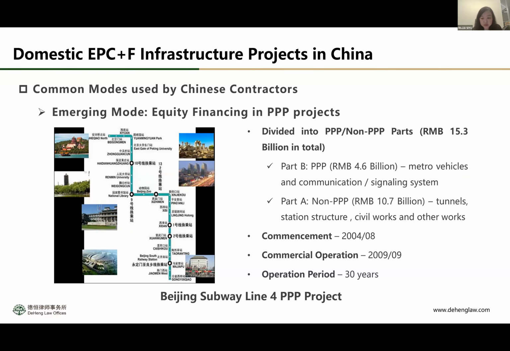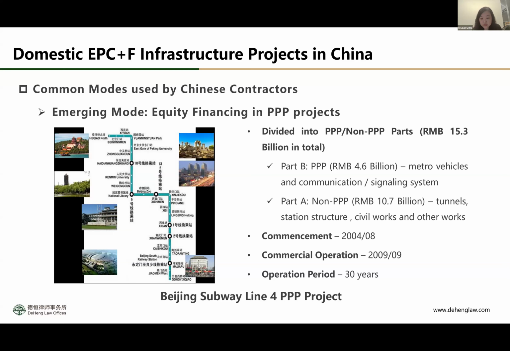I think the reason for doing that is that for metro projects, the civil work involves a lot of underground work, which is also high risk and very costly. So this part is taken care of by the government invested companies. And the metro vehicles and communication part are for PPP.